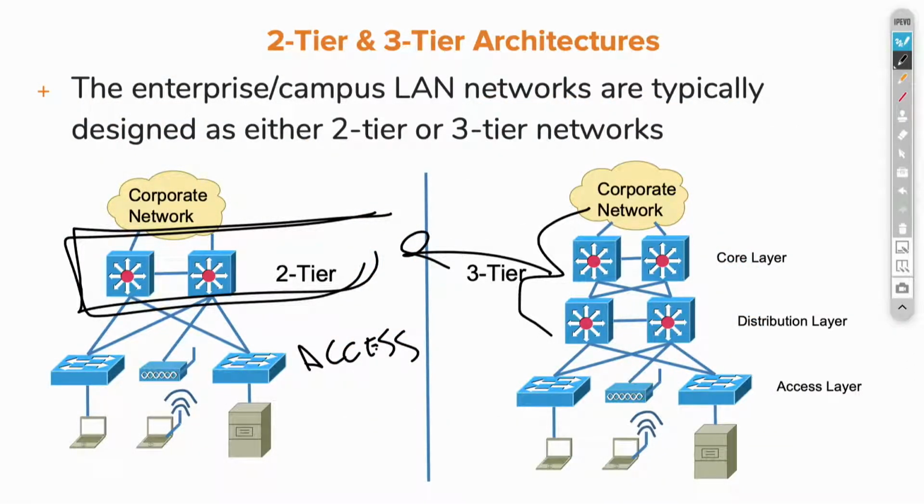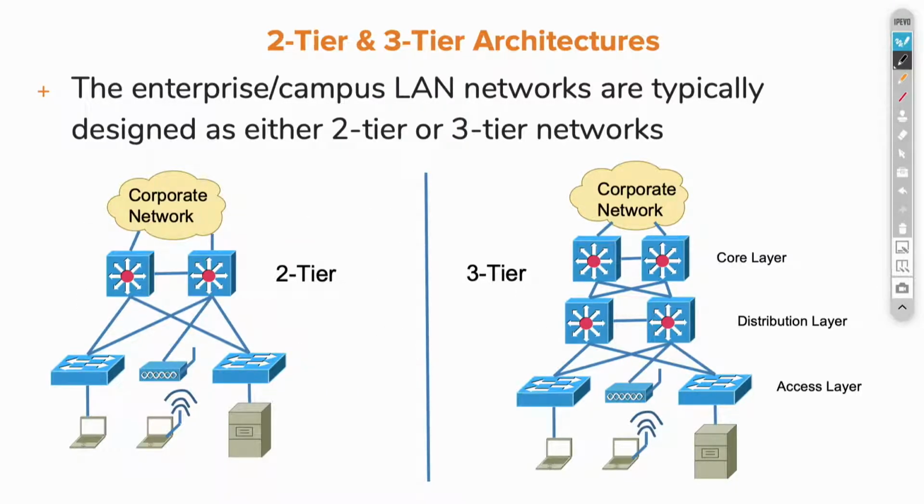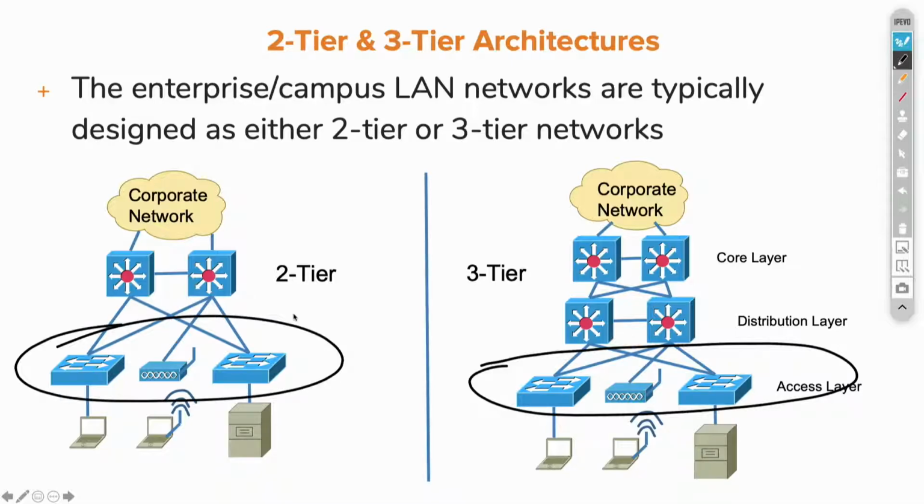Now, what are some of the characteristics, regardless of what hardware you buy or what software you use, what are some of the common characteristics of two-tier or three-tier architectures? Well, there's three things I could think of. Number one, this type of architecture allows for lots of different types of things at the access layer, because host devices have a variety of ways of connecting to the network.